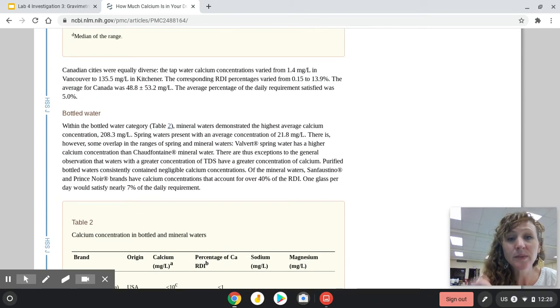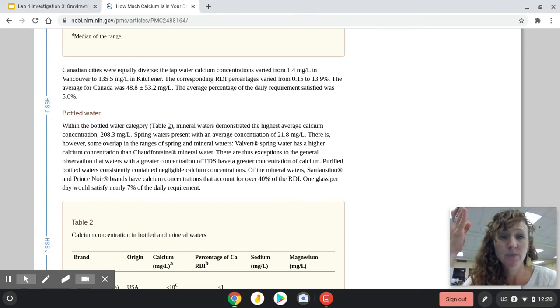Okay, so from these results, what I'm seeing is the lowest amount is somewhere around 8 milligrams per liter, and then the highest amount is somewhere around 208.3 milligrams per liter. So if we take the highest amount, we could even round that up to like 250 milligrams per liter. Our tap water is probably not going to be beyond that amount.